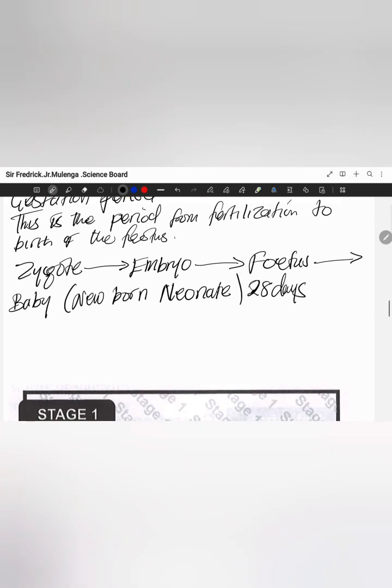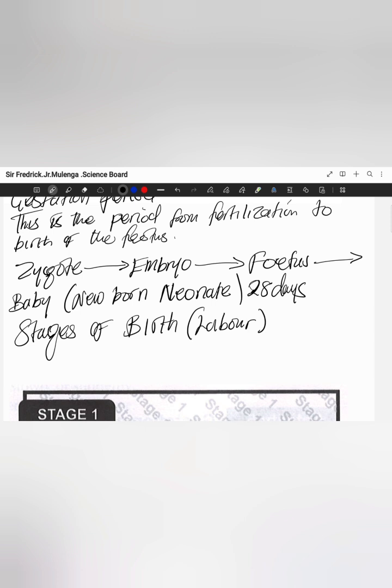All right, having looked at this, now let's look at the stages of labor. What are some of the stages that happen during a birth? What is birth in general? Birth is just the act of pushing out the child or infant from the woman's uterus.